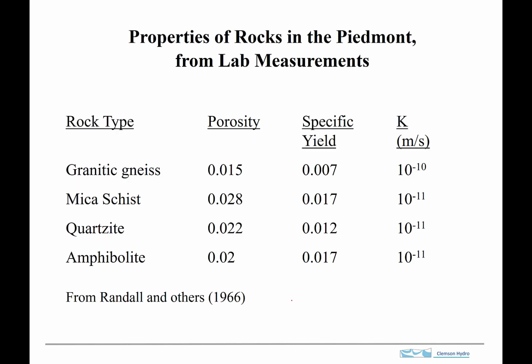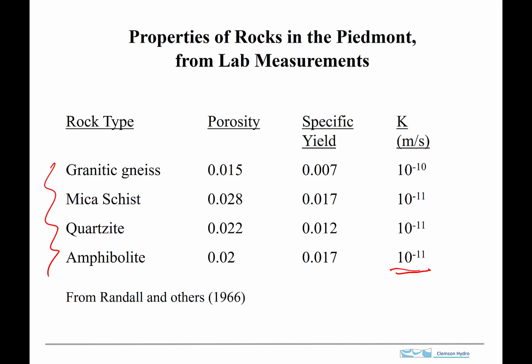Okay, so what we've seen from those field studies were the characteristics of the rock at the field scale. You can also take cores of the rock and measure them in a laboratory. And when you do that, you come up with much lower hydraulic conductivity. This column shows the hydraulic conductivities for these different metamorphic rocks in units of meters per second.